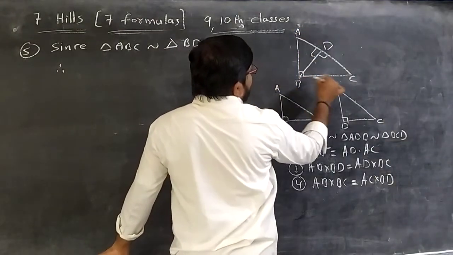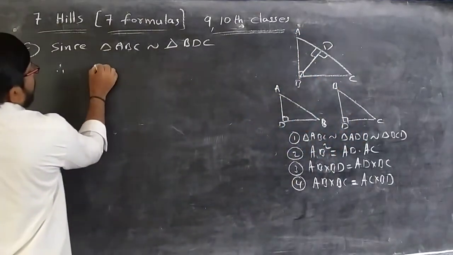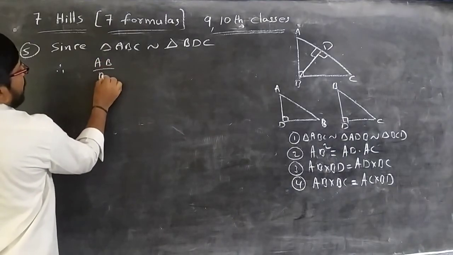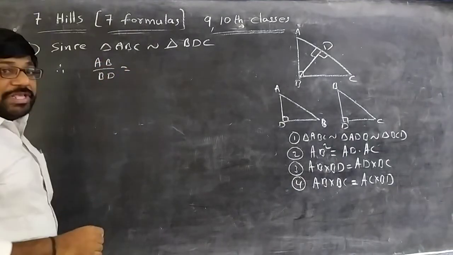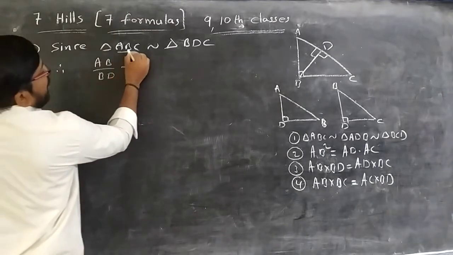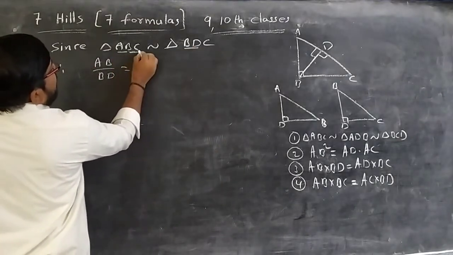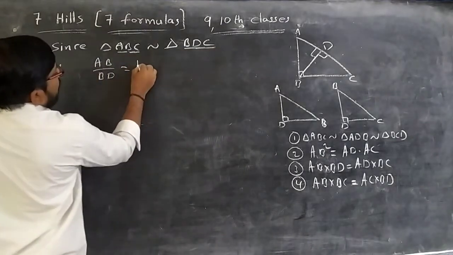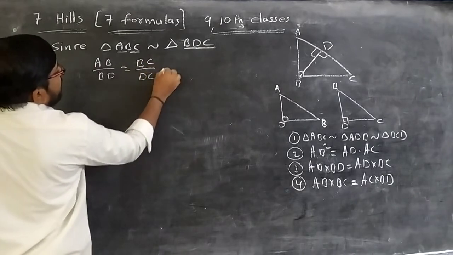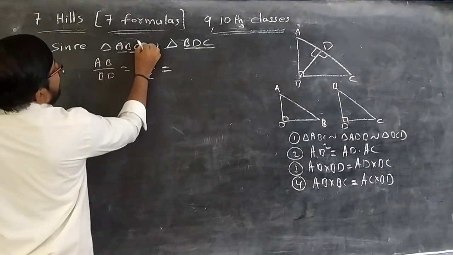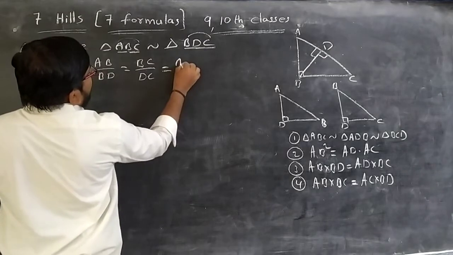Means AB by BD is equal to BC by DC, that is equal to AC by BC.